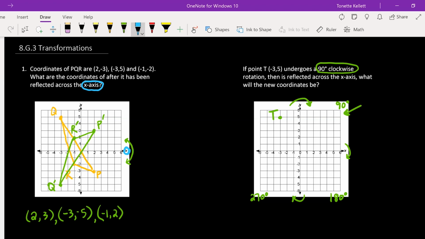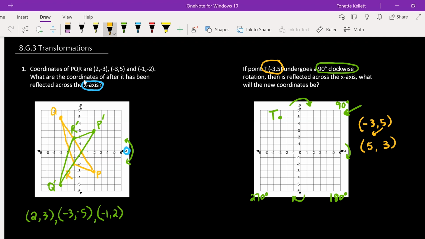All right, let's see if we can draw it first. So if it's going to undergo a 90 degree rotation, for each turn you're going to change the numbers. So if I've got a -3 and a 5, I'm going to move the 5 over to here and the 3 over to here.